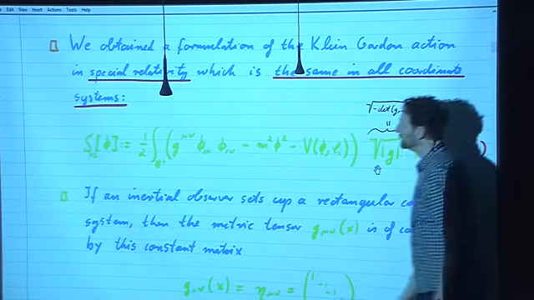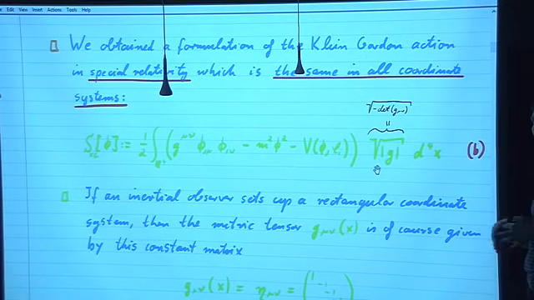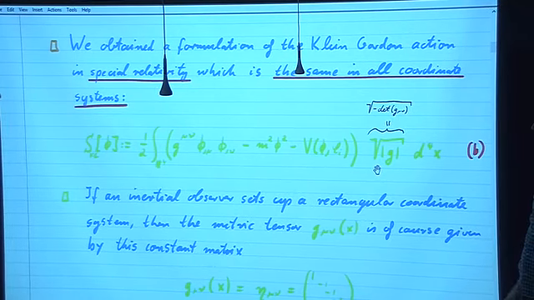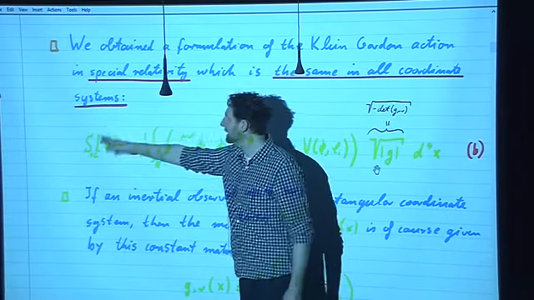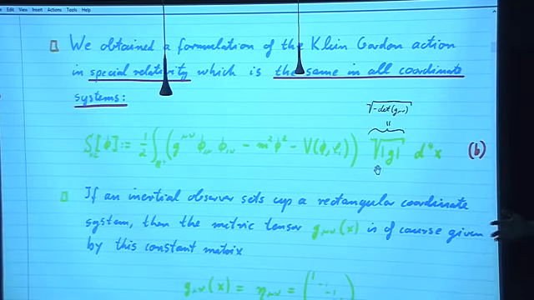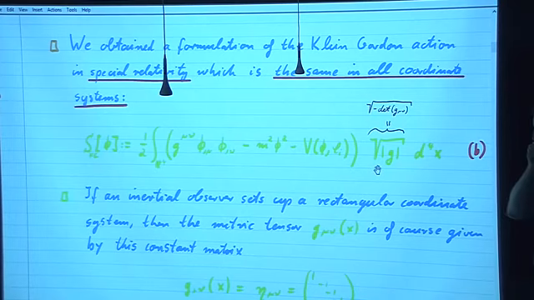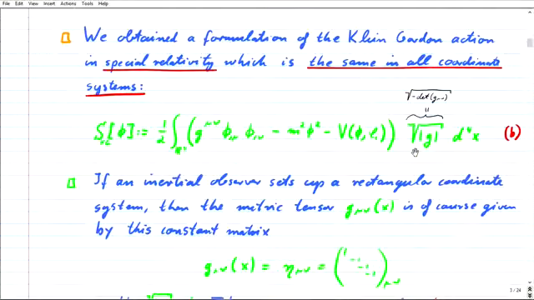And if you change coordinates, then your scalar field will now depend on variables x tilde and t tilde instead of x and t. If you plug that into this functional now, you still get out the same number. Okay, so even though phi of x and t as a function may be very different from phi of x tilde and t tilde, because they differ by a change of coordinates, this function now doesn't care about it.